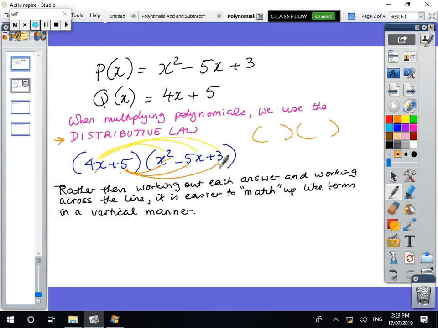You did this with FOIL. Now we're just going to do it with longer, bigger brackets. When I show you the answer on the next board, rather than working our way across and putting term after term, we're going to line them up underneath each other in a vertical manner so we can match up the like terms. You'll see what I'm talking about on the next slide. So just come across when you're ready.